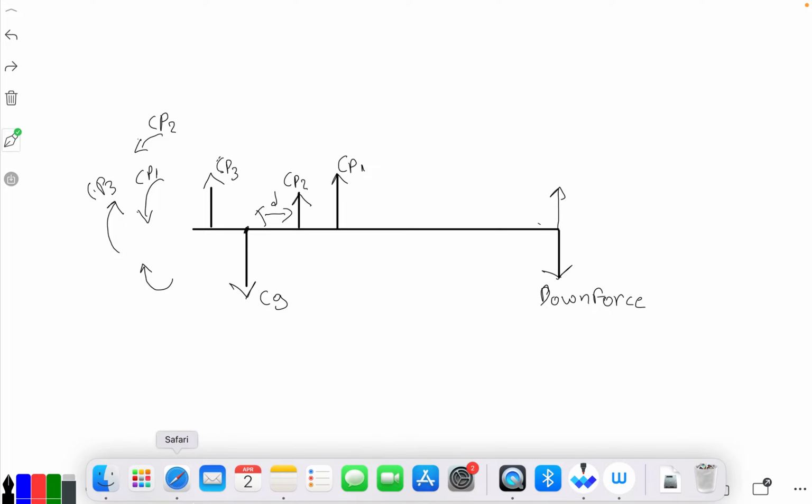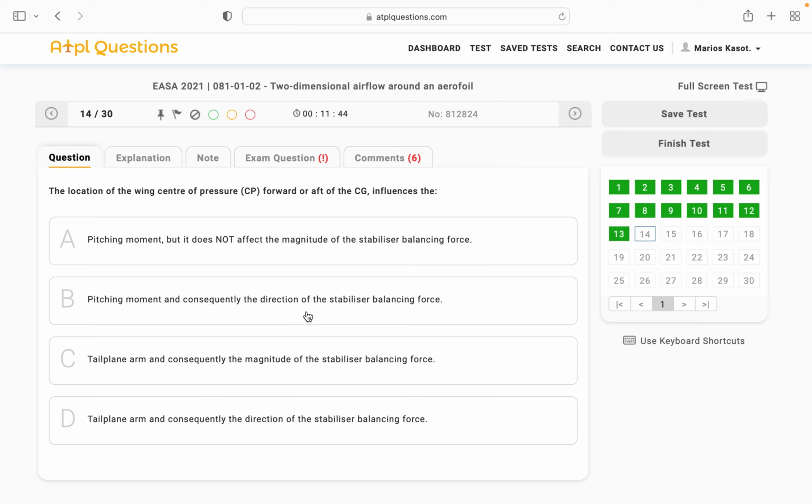So the location of the wing center of pressure, forward or aft of the center of gravity, influences the pitching moment and consequently the direction of the stabilizer balancing force.